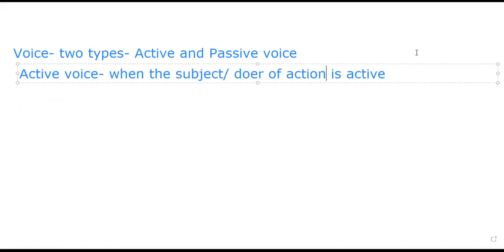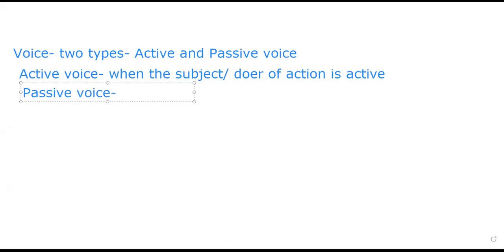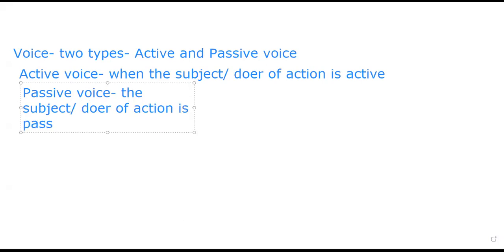Passive voice, the subject or doer of action is passive. Okay.